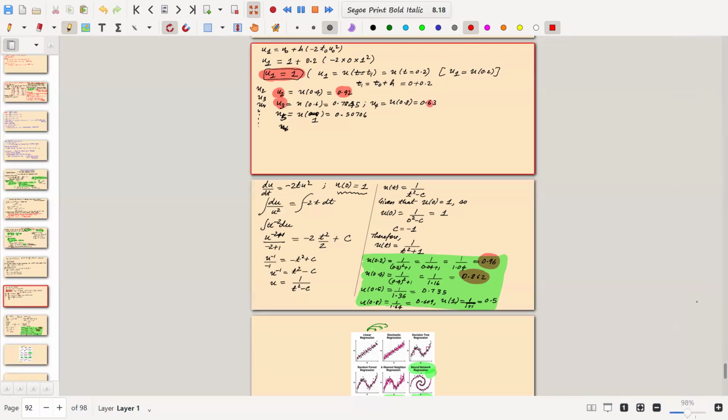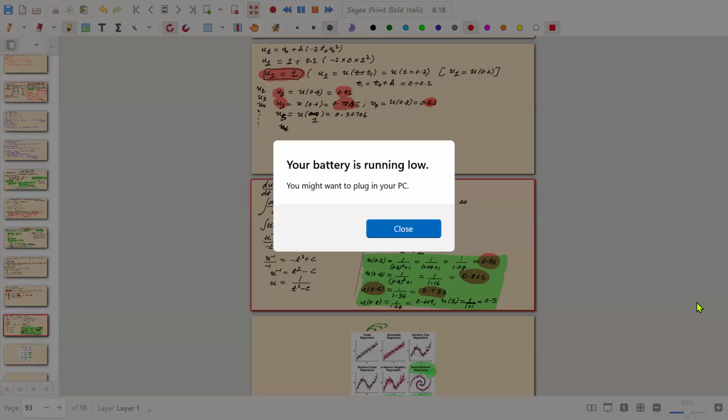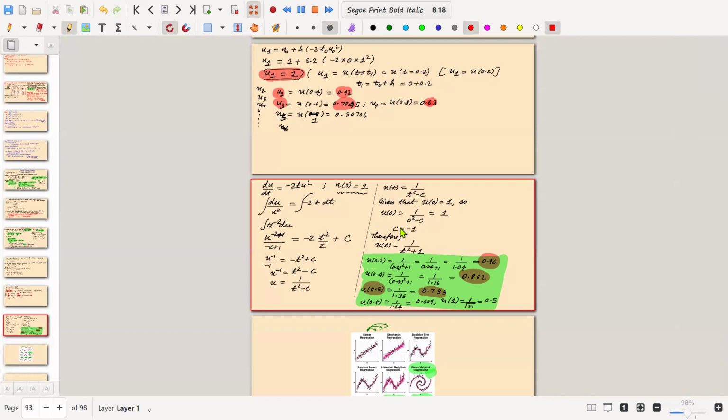What is u3? 0.78. Right? Then u4, 0.63, and you are getting 0.609.